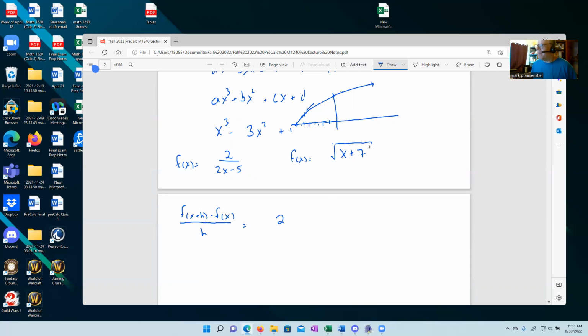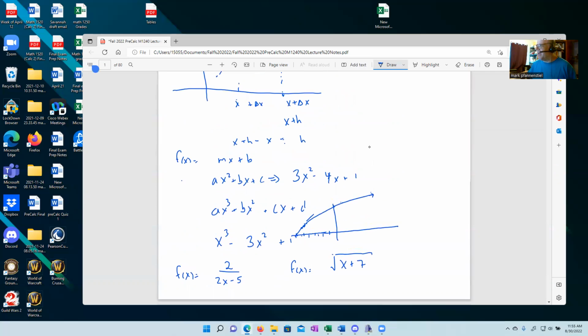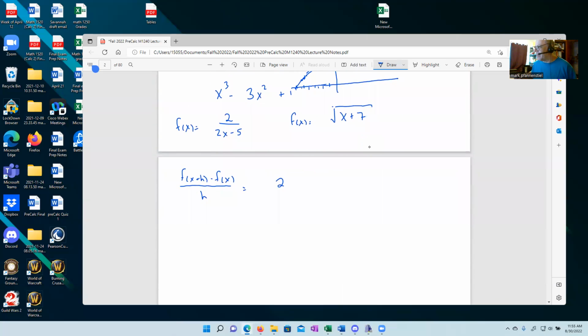The only time it's going to be constant is in this first example. If you just have a line, y equals mx plus b, that's the function I gave to you. The slope is always 3. So you're only going to have a constant there.